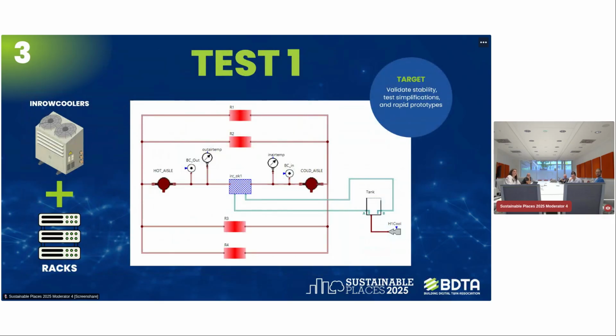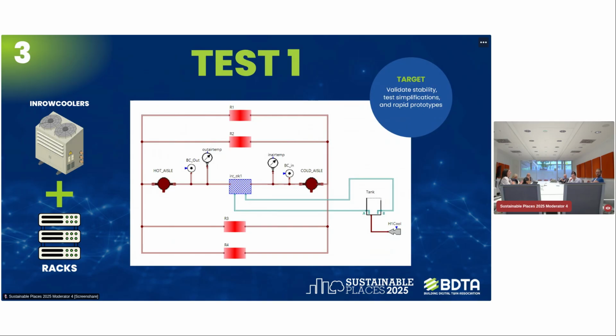Then we create some tests. In this case, you can view the rack symbol. This is a symbol of the rack. The slide where we saw all the different lines is inside this block. So this is what the person gets from the digital product passport, for example, in the case of a rack.